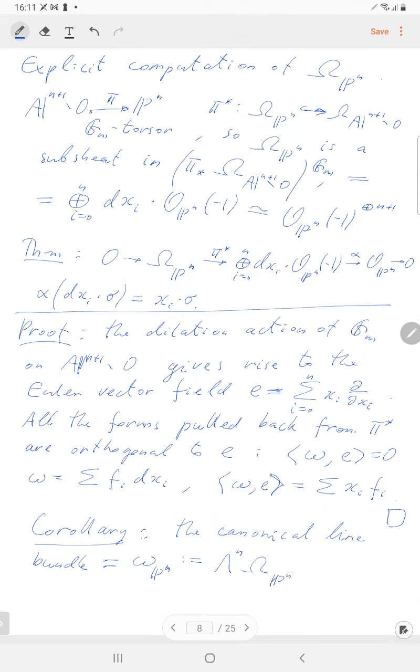In basic calculus, you don't only have the first differential forms, you have higher degree differential forms as well. Namely, they are exterior powers of the first degree differential forms, and in particular you have the top exterior power, that is the volume forms.